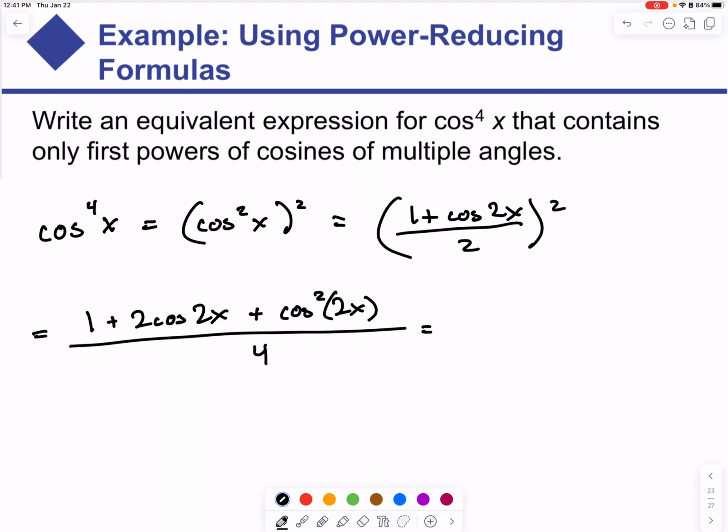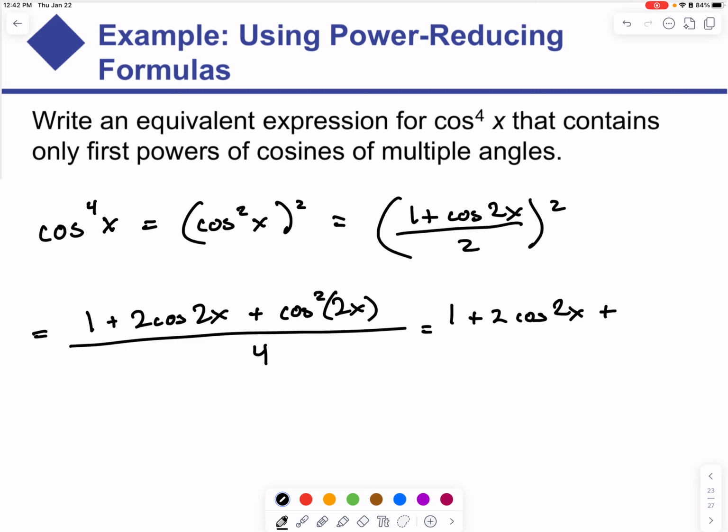So we're still going to have this 1 plus 2 cosine of 2x, and then cosine squared is going to become, let me see.